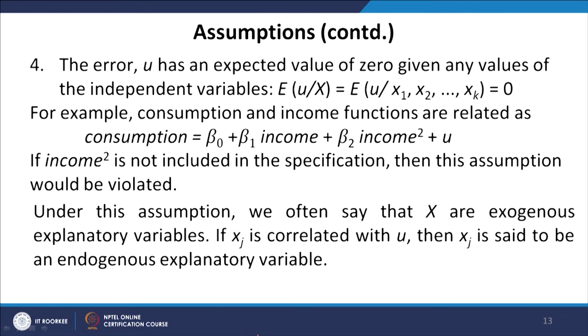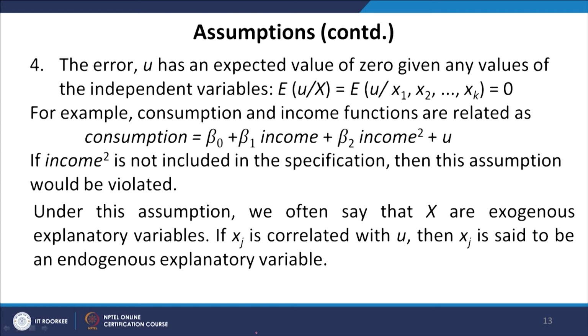Continuing with the assumptions, the fourth assumption is that the error u has an expected value of 0 given any values of the independent variables, that is, the expected value of u conditional upon x is equal to 0. This is also an assumption we have dealt with at length while discussing the assumptions of simple regression analysis. For example, consumption and income are related as consumption equals beta naught plus beta 1 income plus beta 2 income square plus u.